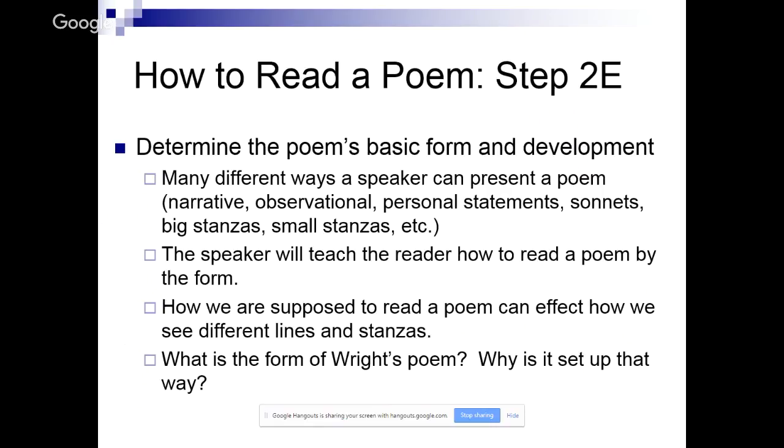How many stanzas do we have? 3. Okay. So what are the basic ideas expressed in that first stanza? Geographical setting, the kind of people that are in the area. What about the middle stanza?